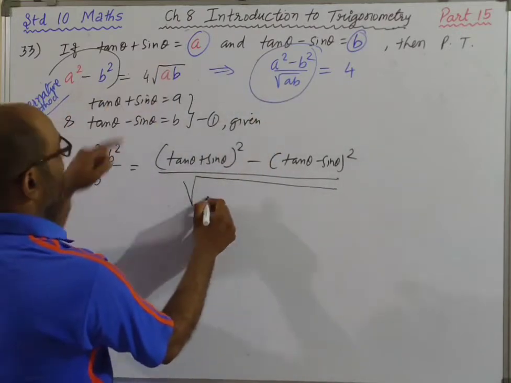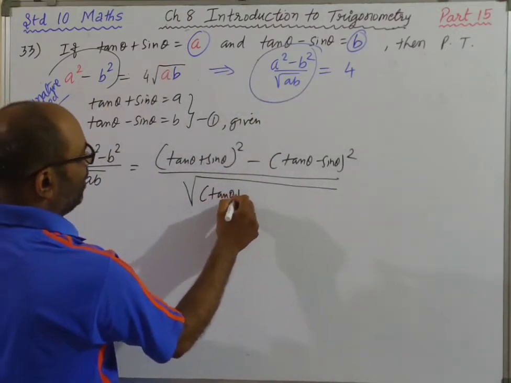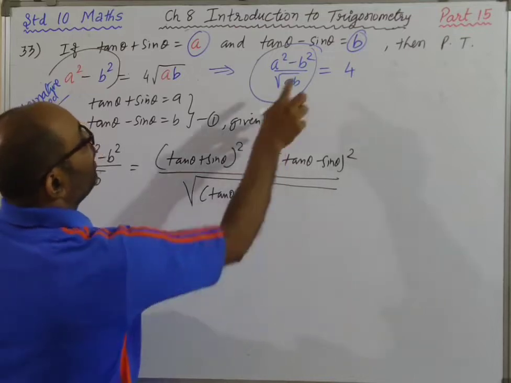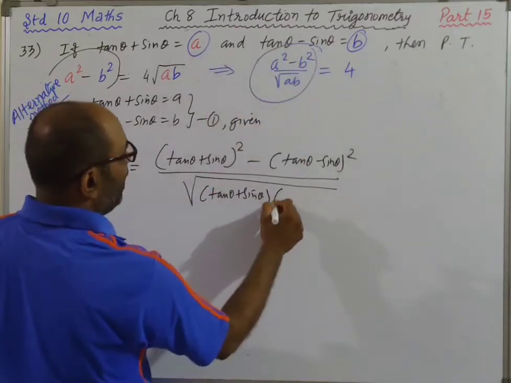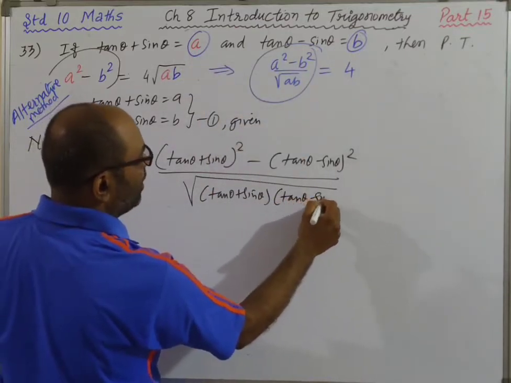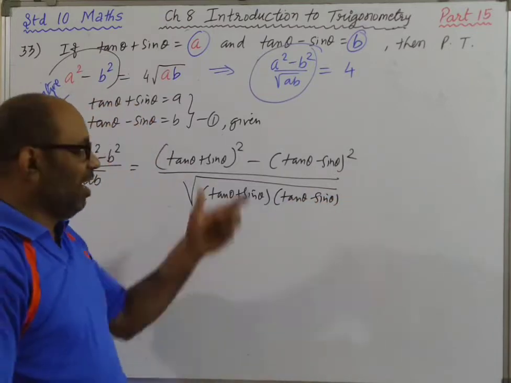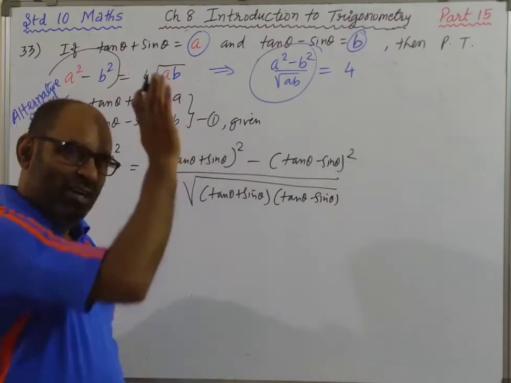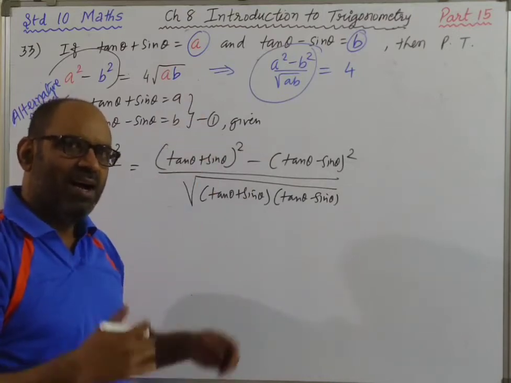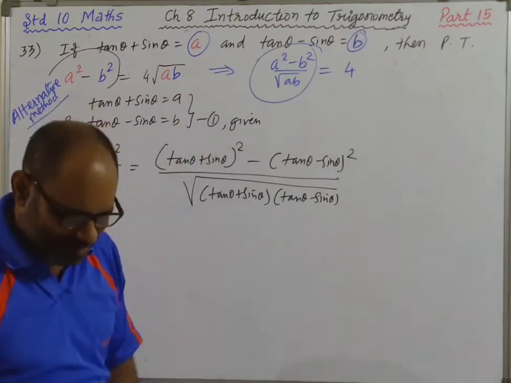What is a? tan theta plus sine theta. Into b. What is b? tan theta minus sine theta. This is what I was talking about. Now the simplification we have to do is the same as in the previous method.